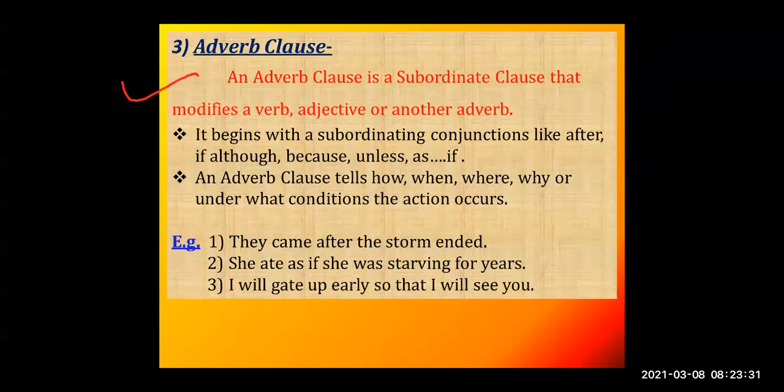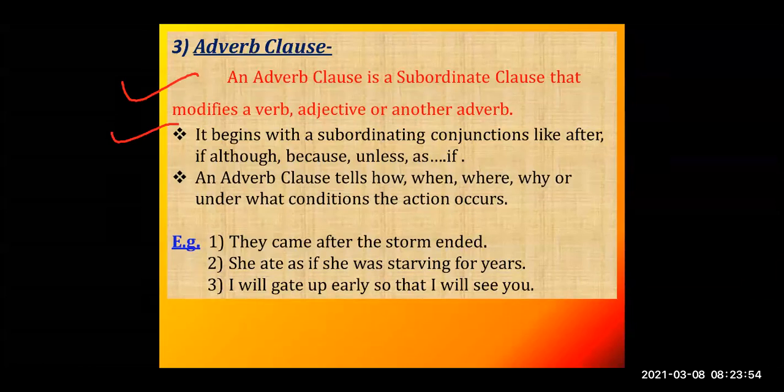An adverb clause is a subordinate clause that modifies a verb, adjective, or another adverb.